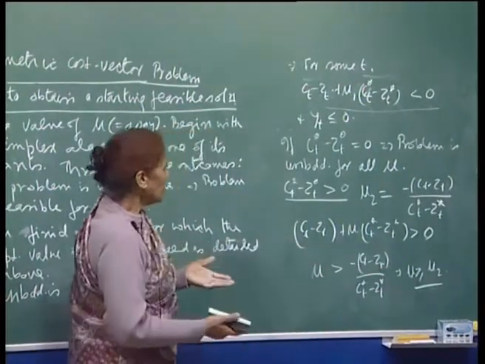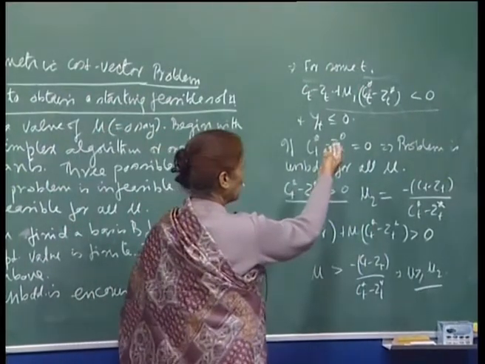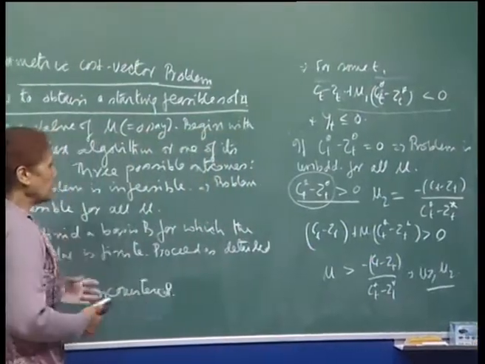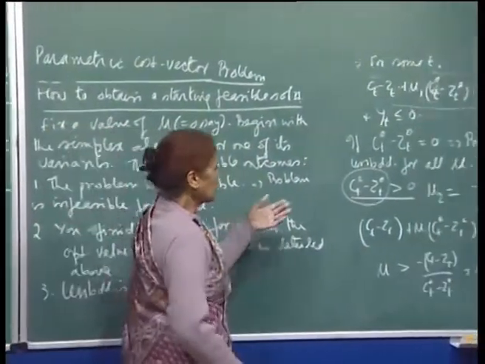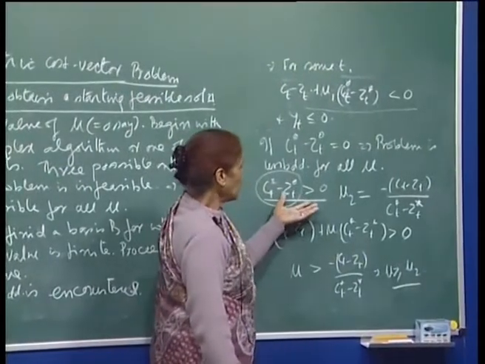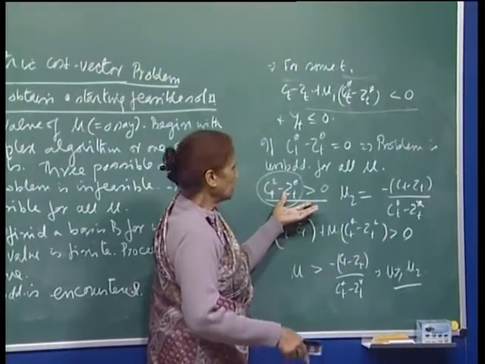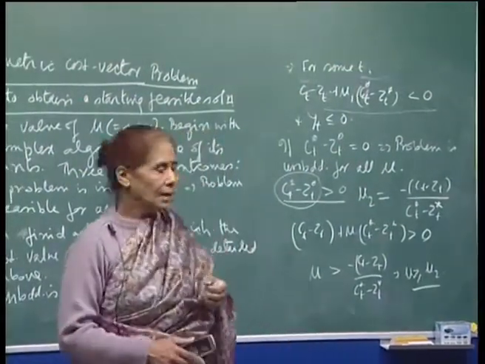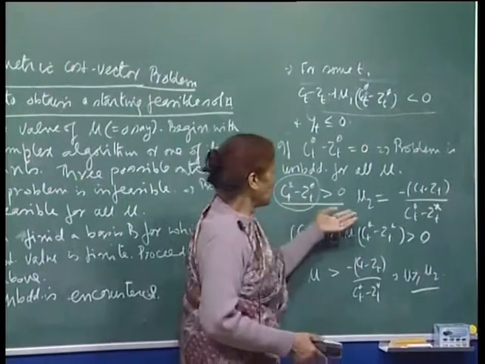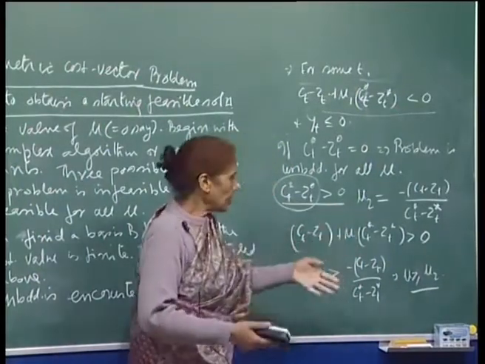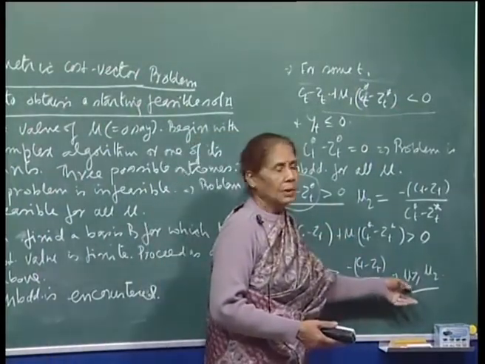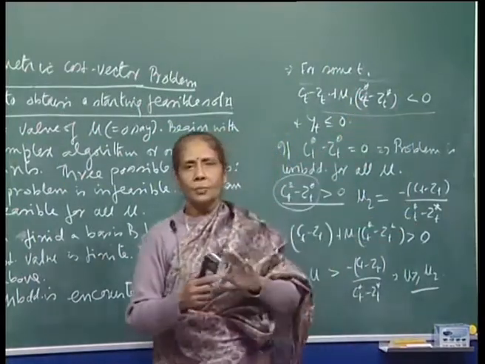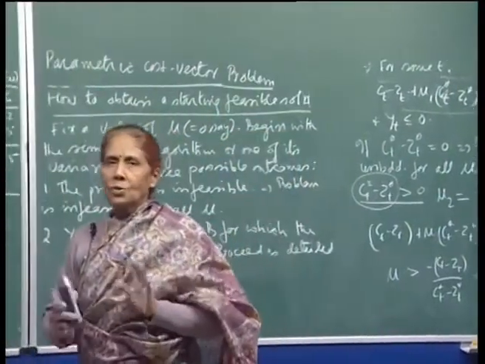For mu greater than mu2, depending on the sign of this number, which you would know when you are solving the problem, if this number is less than 0, then for all mu greater than mu2 the problem is unbounded, but for mu less than mu2 the problem may not be unbounded. You do not know, but you can at least proceed with the simplex algorithm, because then your unboundedness criteria is gone.